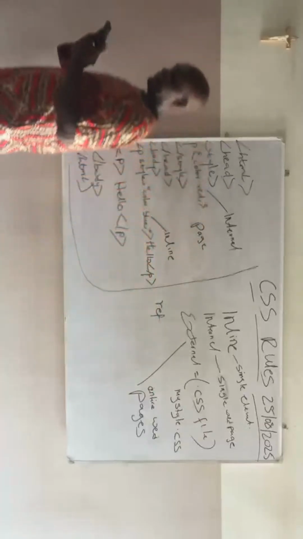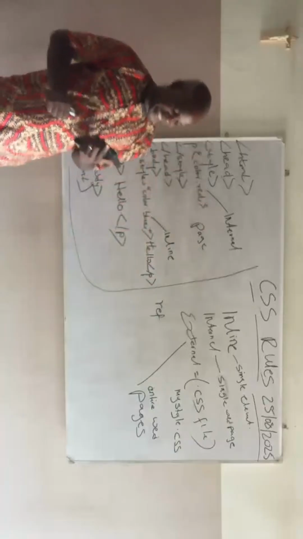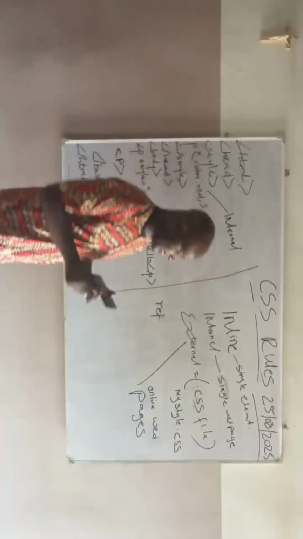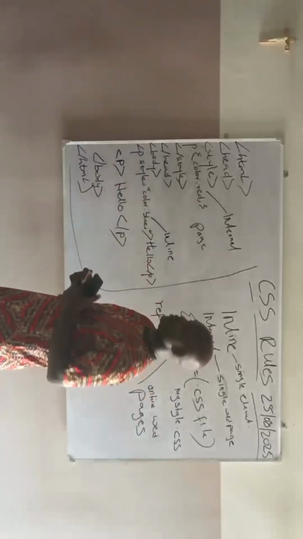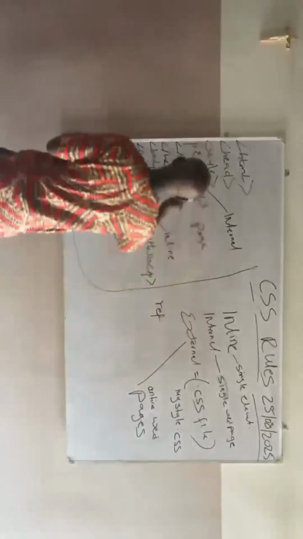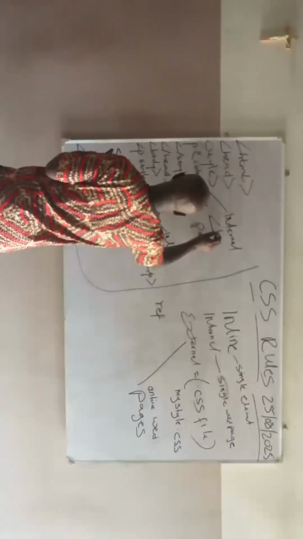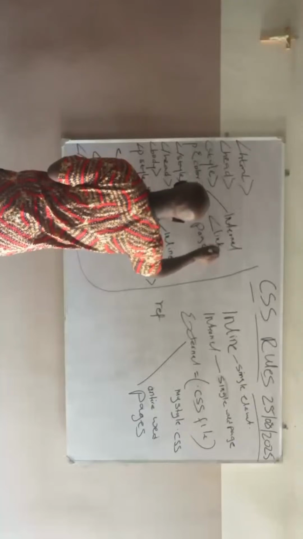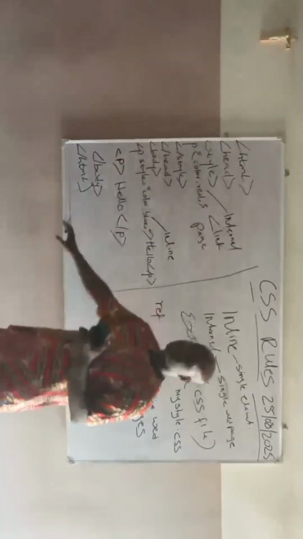Now, the reference to the external style sheet file goes inside the link element. Now, this will take us to another element known as what? Link. Inside your head, you have an element known as what? Link. After I clean this area, you will write this thing inside the external file.